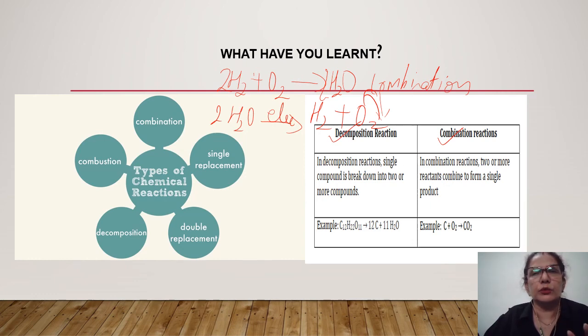I hope you have understood the decomposition and combination reactions very well. And for decomposition, we have seen three types: in the presence of heat, known as thermal decomposition; in the presence of electricity, known as electrolytic decomposition; and third, in the presence of light, known as photochemical decomposition, photolytic decomposition.